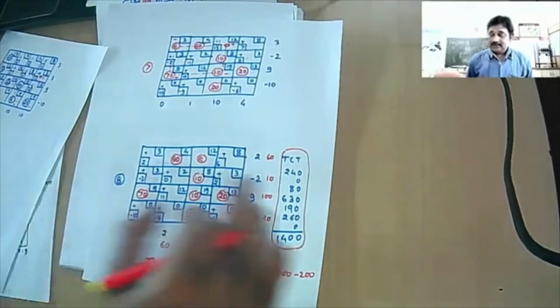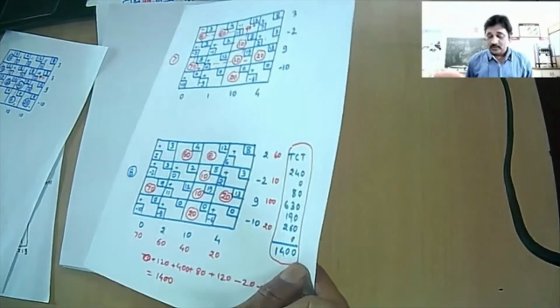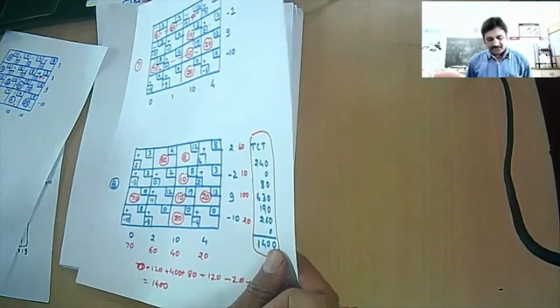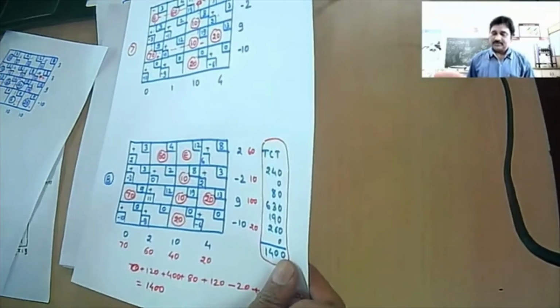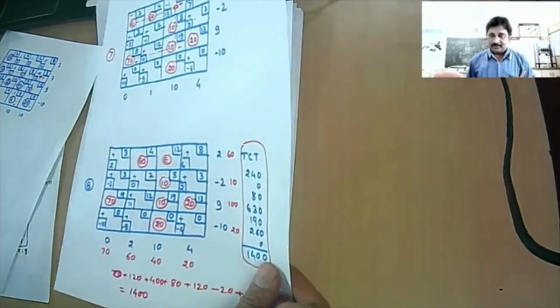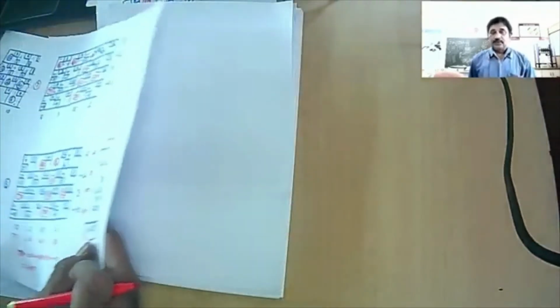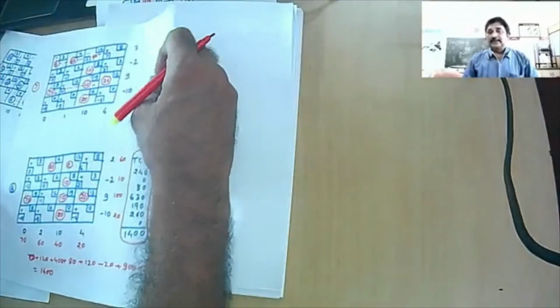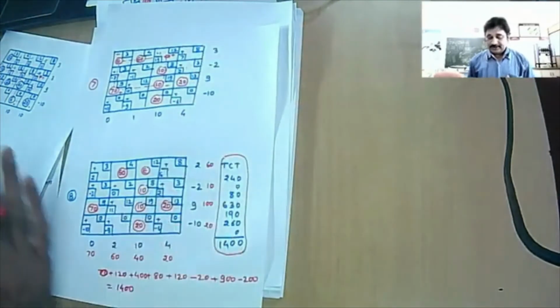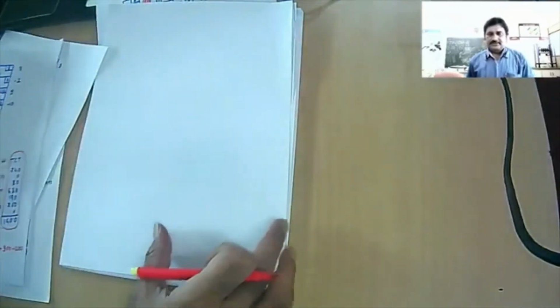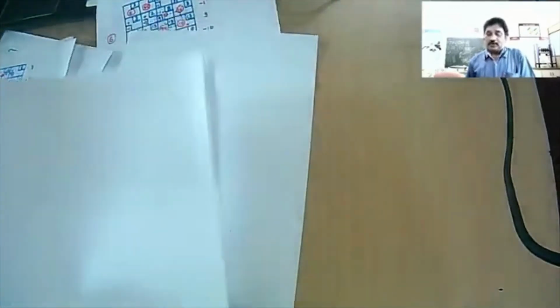And if you do the initial allocation by Vogel's approximation method, then you will be finishing in very less number of iterations, might be one or two, for such problems. Okay. So that is the transportation method we have seen. Now here we will see the things in a nutshell, what you have to do.